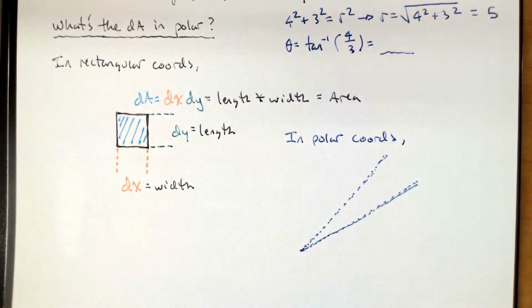So the dr is some small change in radius. That is a length.